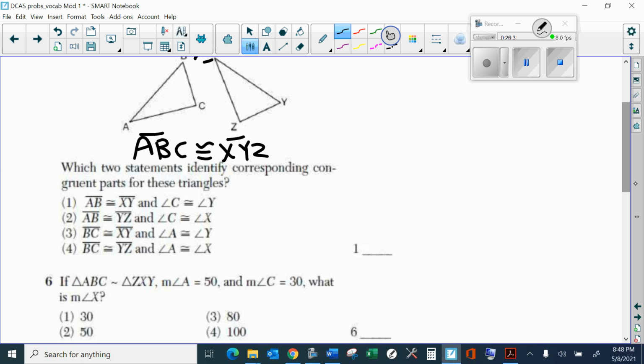That's true. Angle C is congruent to Y? No, it's not. C is congruent to Z. AB is congruent to YZ? No, it's not. BC is congruent to XY? No, it's not. BC is congruent to YZ, correct, and A is congruent to X, correct. Okay, that's just checking corresponding parts right there.